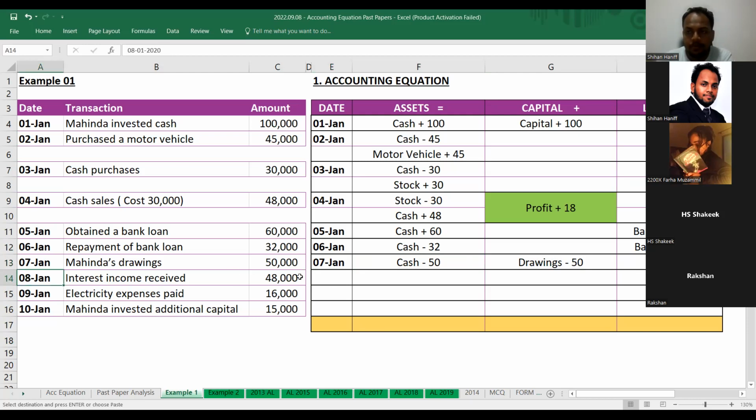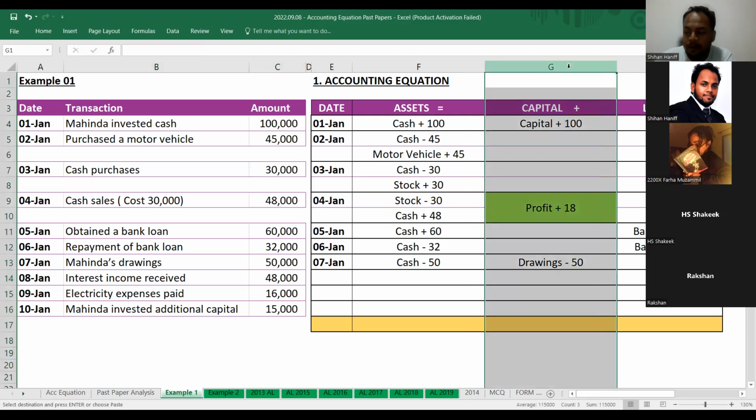Eighth January. Interest income received. So this is income. When I was explaining the development of the accounting equation, I told you that the profit will be adjusted in the capital column.